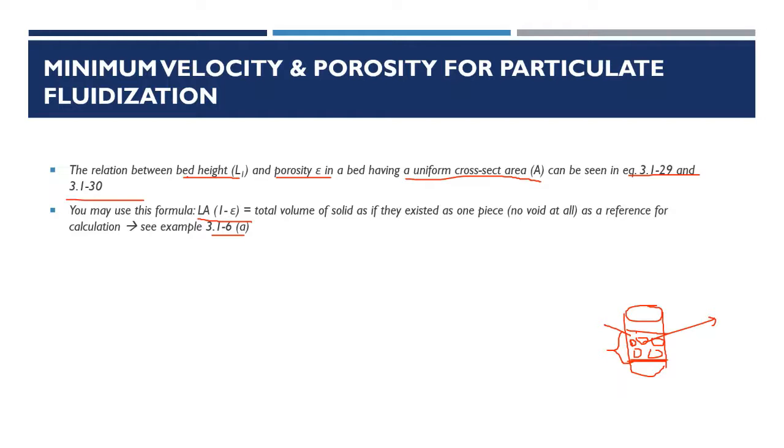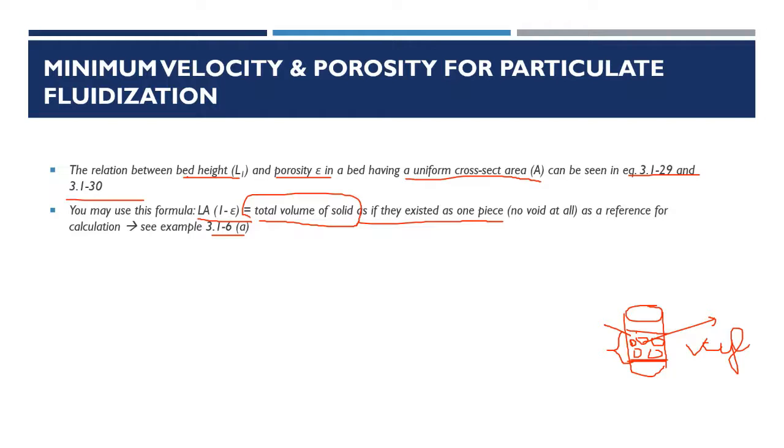is actually equal to the total volume of solid, as if they existed as one piece, pejal, so no void at all. To be more clear, L times the cross-sectional area gives the volume of the fluidized bed in a cylindrical shape.